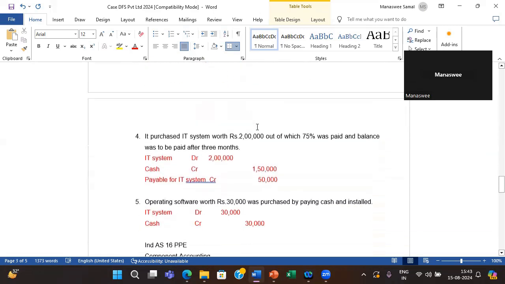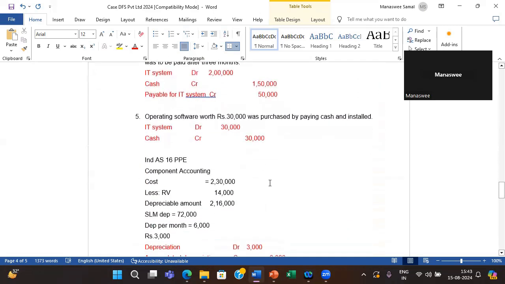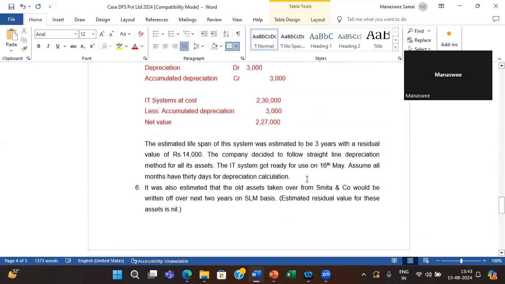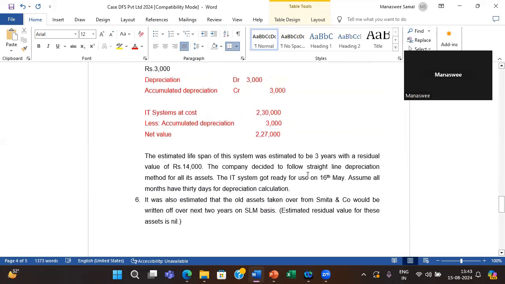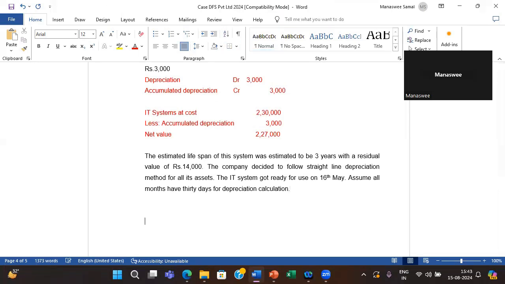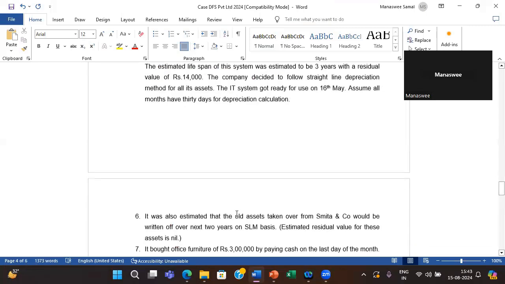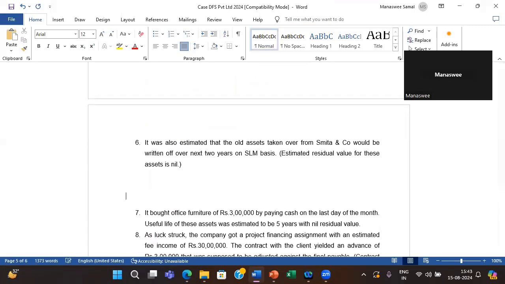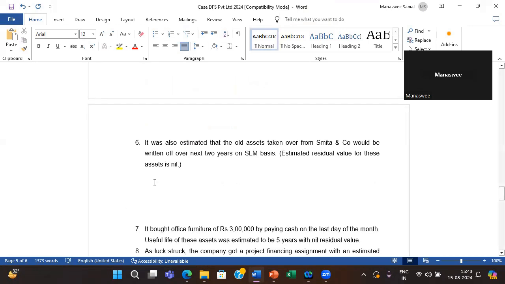One more entry we need for depreciation. So in a way, we are repeating the depreciation accounting. I'll just repeat the same pattern of journal entry.